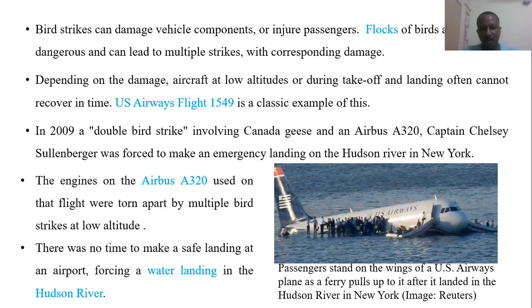So the water landing in the Hudson River happened during this flight. We can observe here the passengers standing on the wings of the US Airways plane as a ferry pulls up to it after it landed in the Hudson River. This image is taken from Reuters.